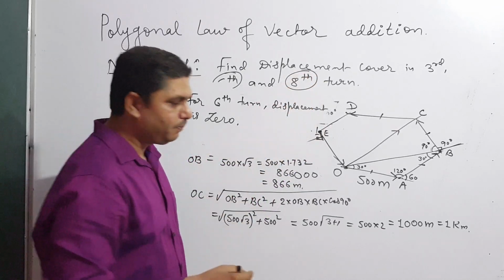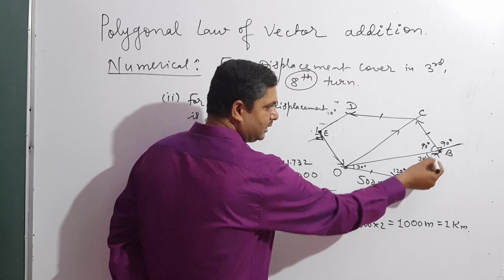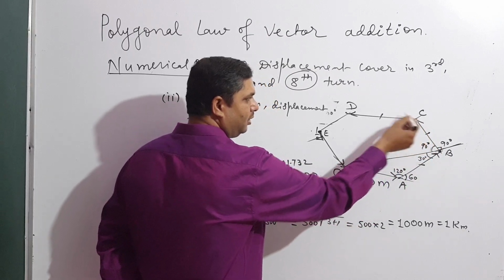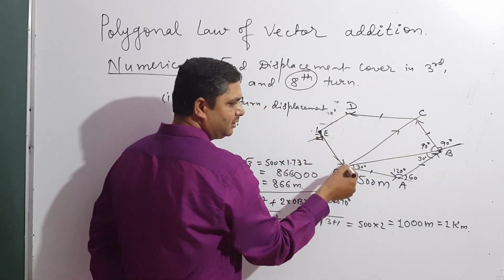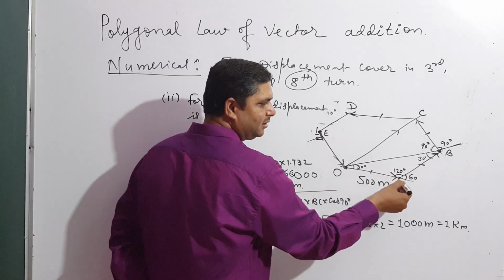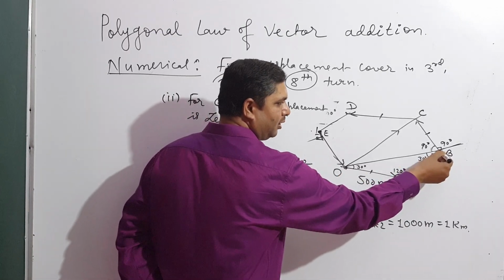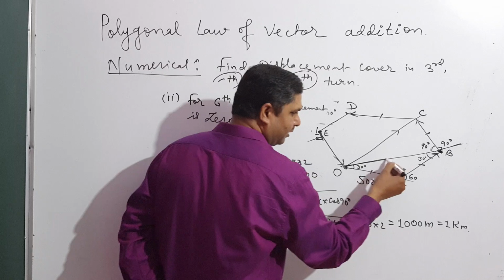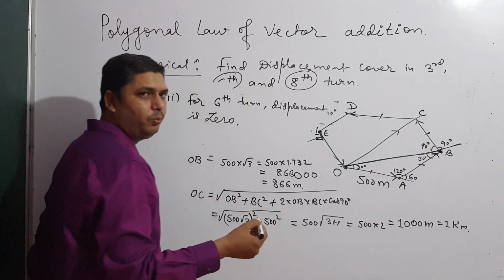Again start counting. This is first turn, second turn, third turn, fourth turn, fifth turn, sixth turn, seventh turn and eighth turn. It comes on B. So displacement is this line, this is OB.